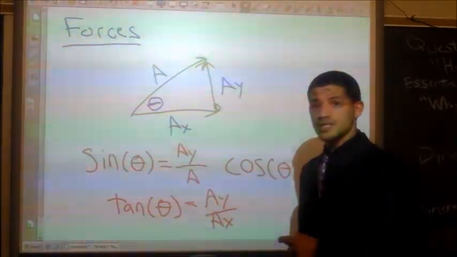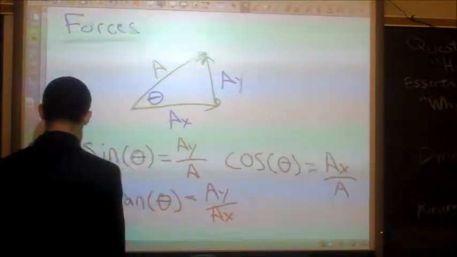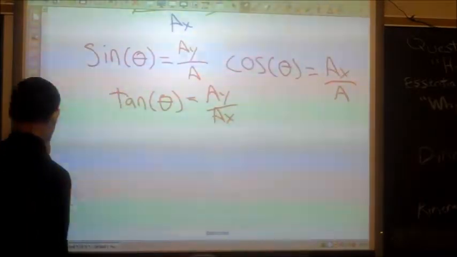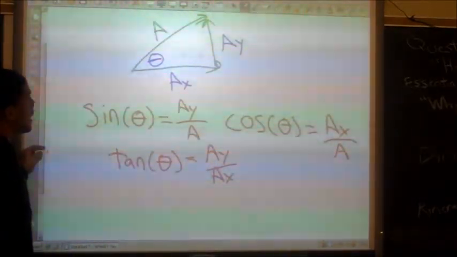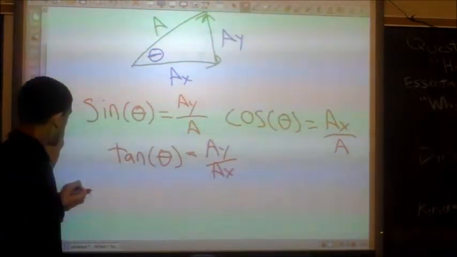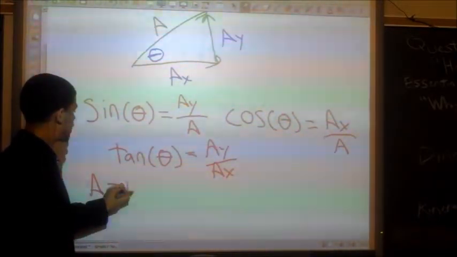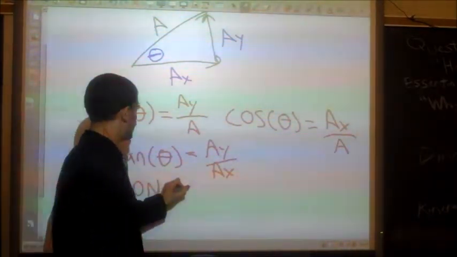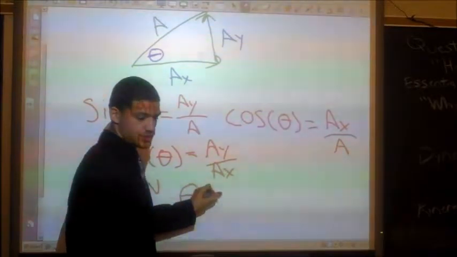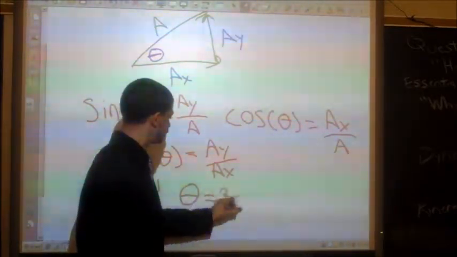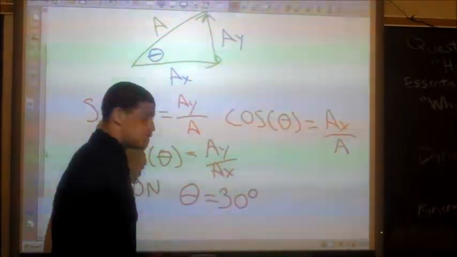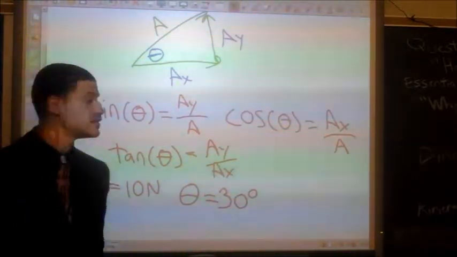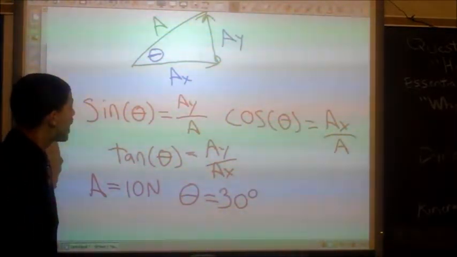So let's put some numbers to this. Say you were given this triangle and told that A equals 10 newtons and theta equals 30 degrees. You're then asked to find A of x and A of y.